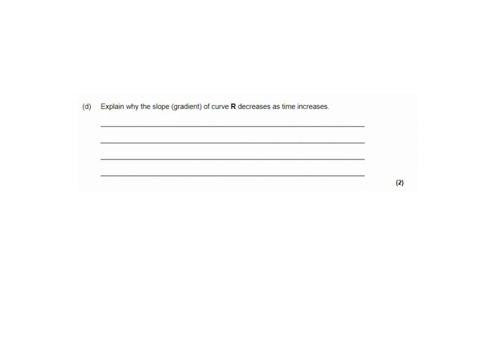So here I want you to explain, why does the gradient of the curve decrease as time increases? Well, it's really asking you, why does the rate of reaction decrease as the time goes on, as the reaction is carried out? Well, at the start you have more hydrogen peroxide, so the number of hydrogen peroxide molecules, or the concentration or amount of, any sort of way of saying amount of, the concentration of hydrogen peroxide decreases.